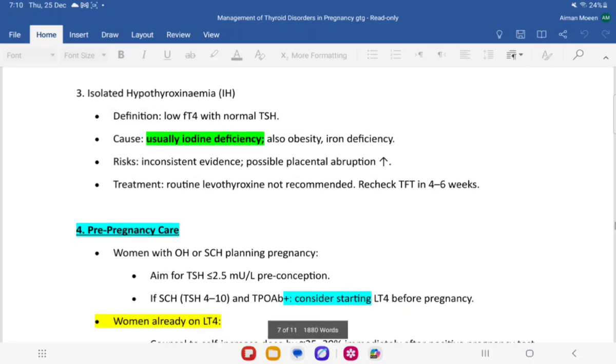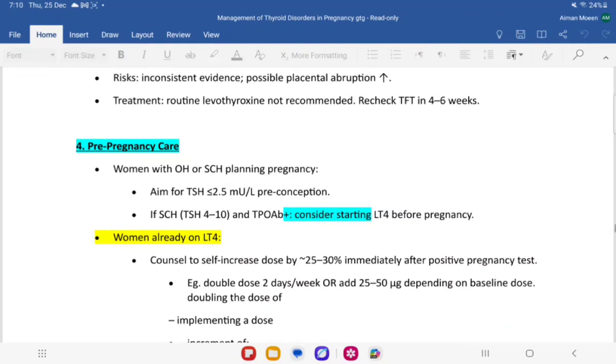Okay. Now we will start from pre-pregnancy care. When a woman has overt hypothyroidism or subclinical hypothyroidism and is planning a pregnancy, aim for TSH less than 2.5 preconception. If subclinical, that is the TSH is 4 to 10 and thyroid peroxidase is positive, consider starting treatment that we have already discussed.